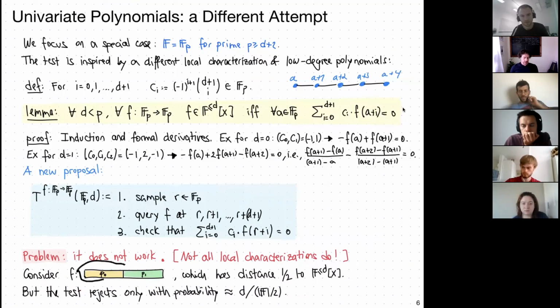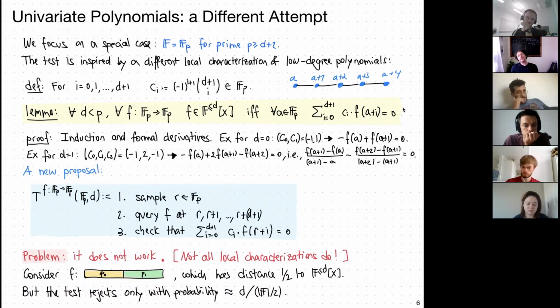Let's take some polynomial P0, a low-degree polynomial, and write it on the first n/2 coordinates. We can write a completely different polynomial of low degree, which has nothing to do with P0. We know that these polynomials are very, very far from each other. So this is something which is very far from being a valid code word.